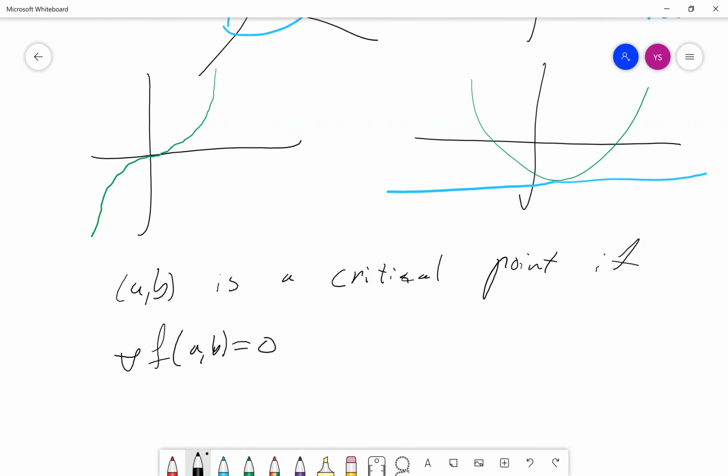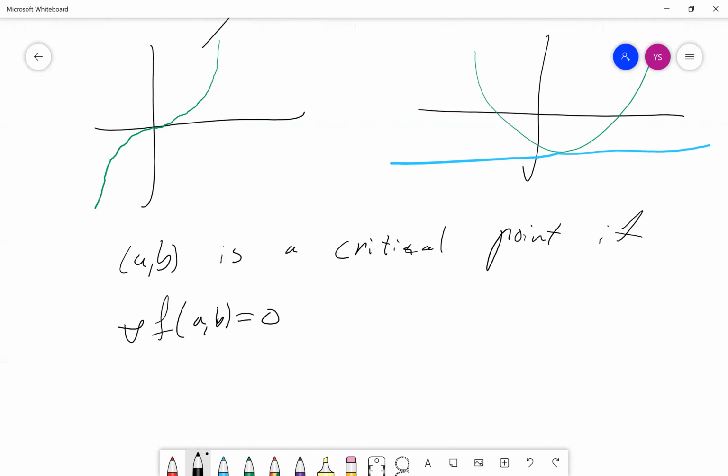So instead of saying that the derivative is 0, you have two directions and you want it to be flat in both directions. So you don't want only the partial with respect to x, or only the partial with respect to y, to be 0. You want both of them to be 0. And if your derivatives don't exist, it might be a critical point, but we are not going to discuss those types of situations here.